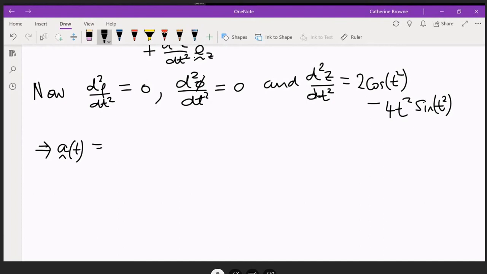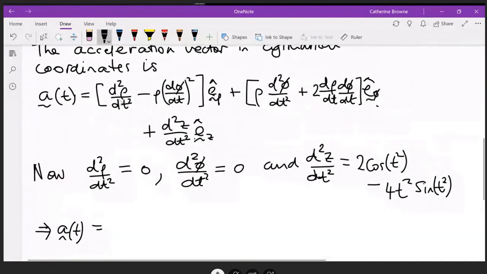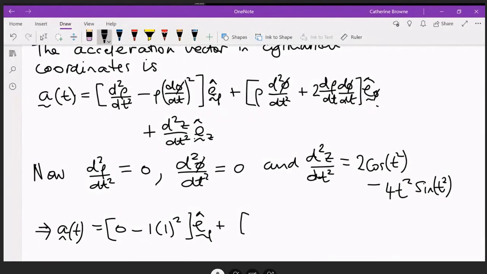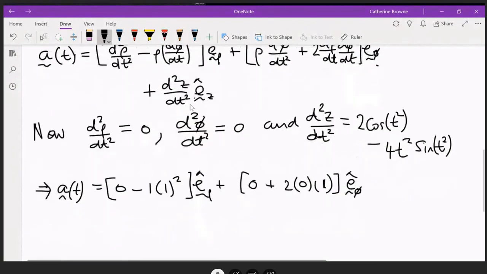So the second derivative of rho we get just 0 minus 1 times 1 squared, and then we get 1, but we multiply that by 0, so it's just 0, and then we get 2 times 0 times 1. Don't know if I can get all of this on the screen at once.